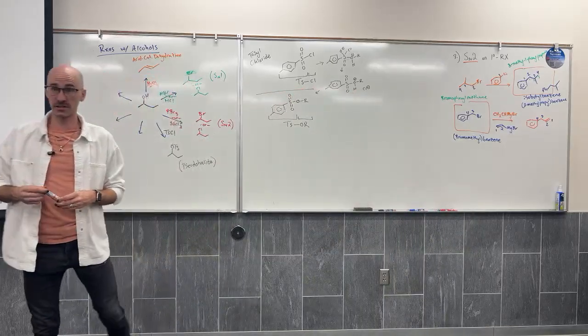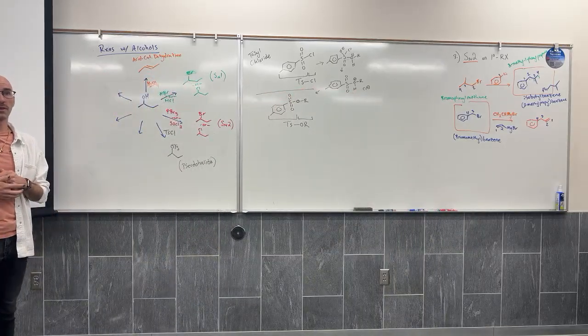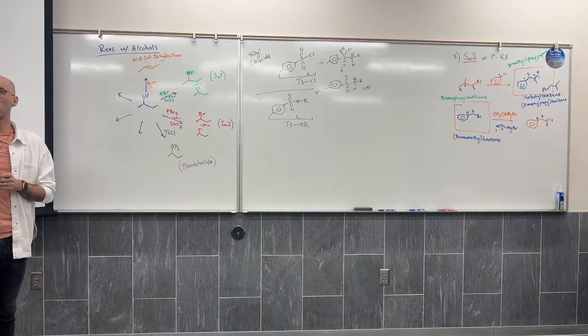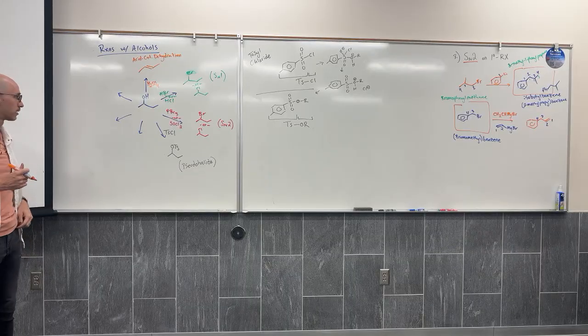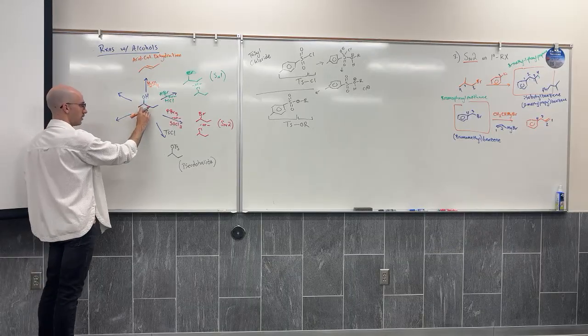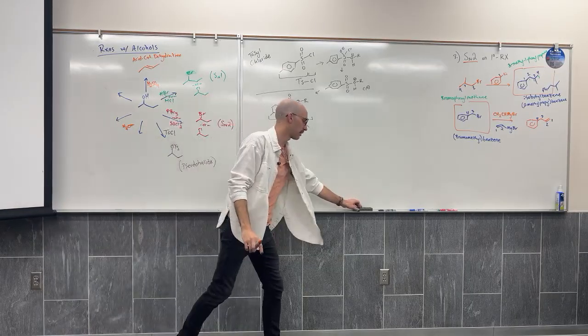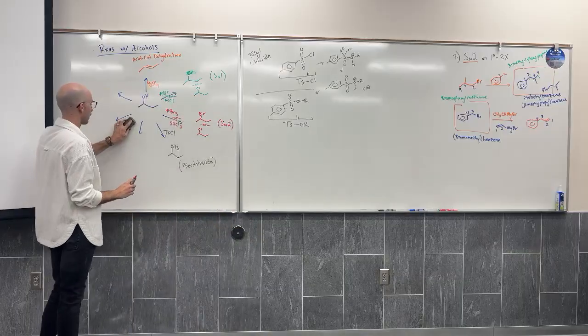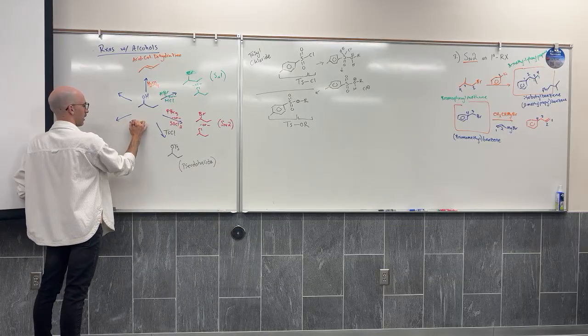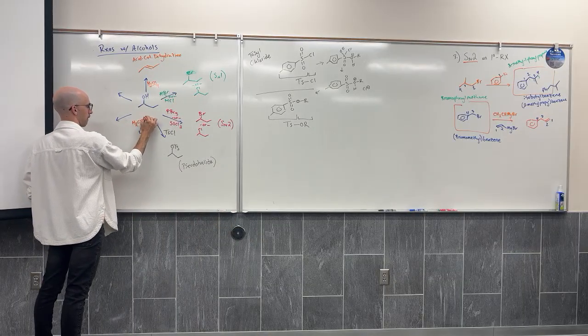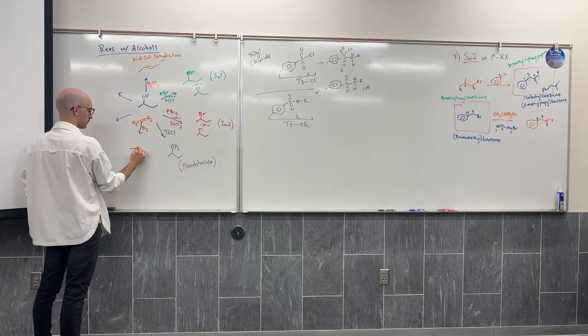One of the other reactions that we saw from OChem 1 with alcohols was the halo-ether addition reaction. So we take an alcohol, we take an alkene, I'm just going to show us ethylene, so a small alkene. And we take a halogen like bromine.